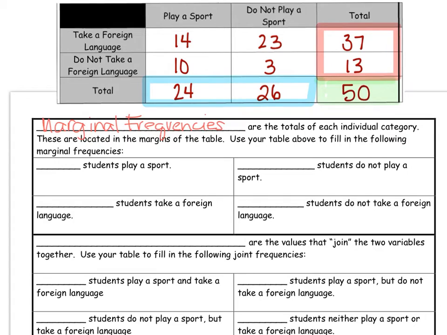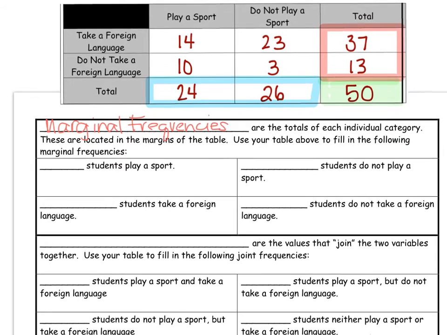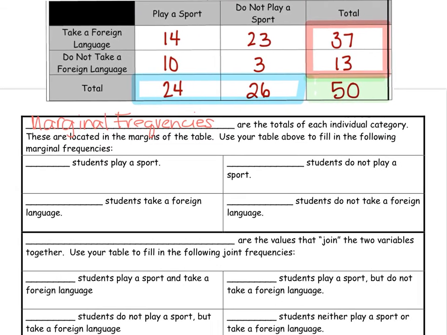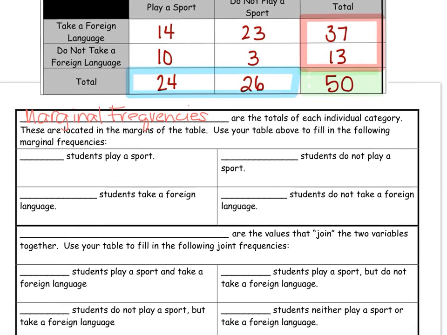So students that play a sport, that would be this marginal frequency right here. So students who play a sport would be 24. How many students do not play a sport? That's this marginal frequency right here. It's 26.